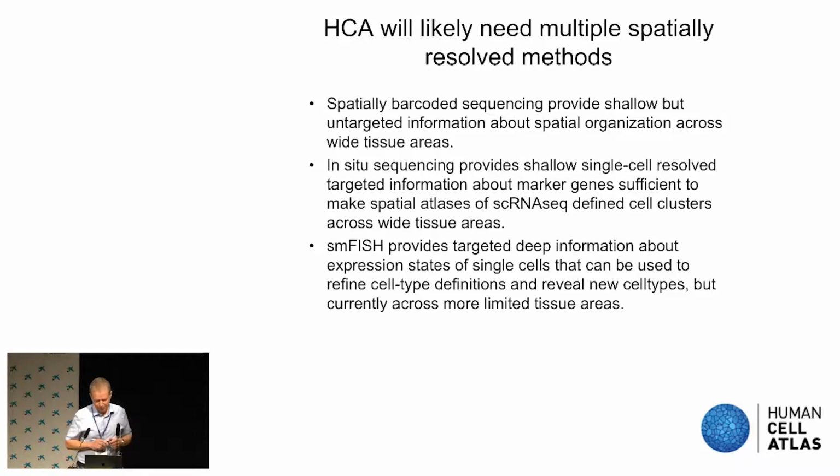In situ sequencing also provides shallow but single-cell resolved targeted information about marker genes. And this is actually sufficient to make spatial atlases of single-cell RNA sequencing defined cell clusters across wide tissue areas. And that's what I'm going to spend the rest of my talk explaining how that works.